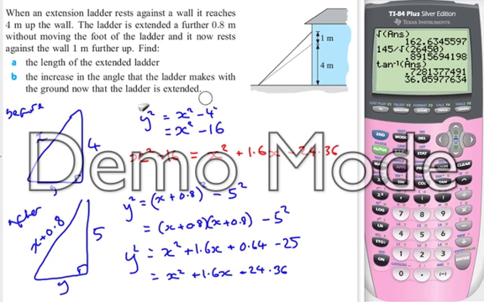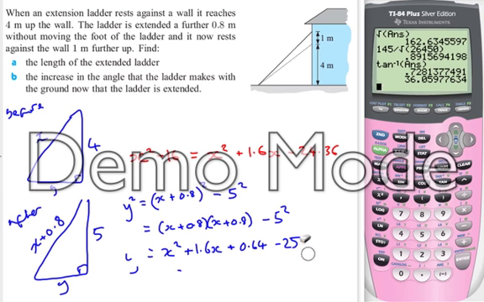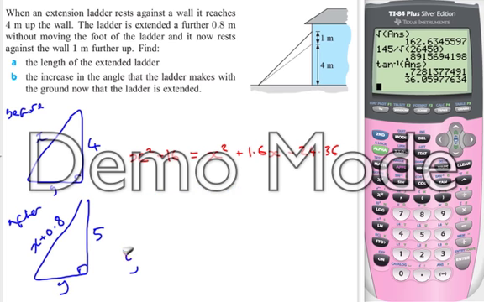Okay, I don't need this anymore, and I don't need this anymore. Let's make some room. Right, simplifying this then, I can take an x squared off both sides.